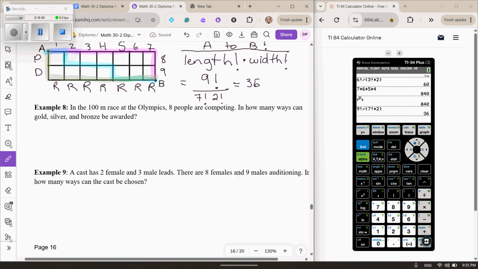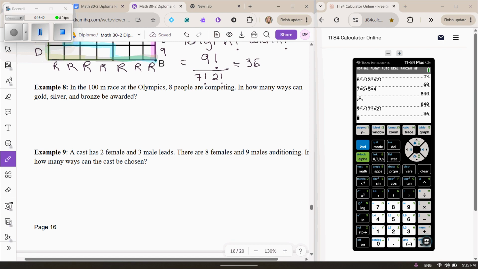All right, next example. In the 100 race at the Olympics, 8 people are competing. In how many ways can they be awarded gold, silver, and bronze? So if we think about order being important here, we're assigning roles. So it definitely matters if you win gold versus you winning bronze.